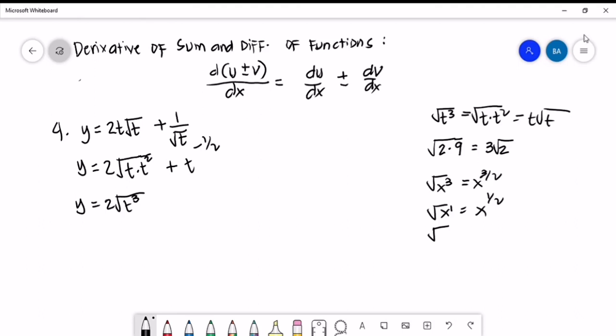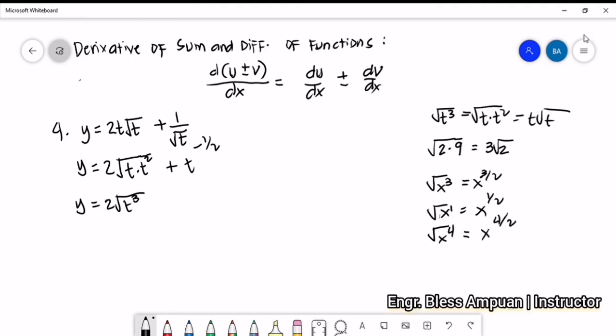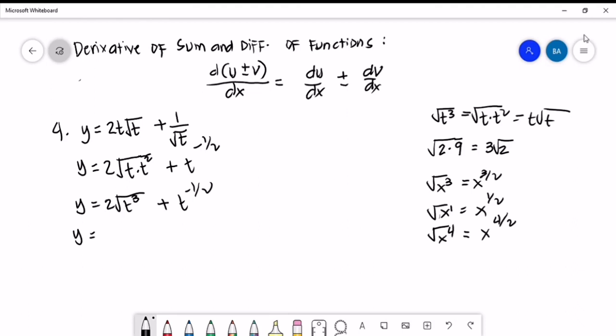It depends on the exponent of the x inside the radical sign. If we have x raised to 4, this equals x raised to 4 over 2. So if we simplify it more, this is 2 times t raised to 3 over 2 plus t raised to negative 1 half.